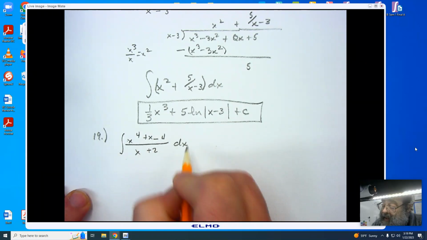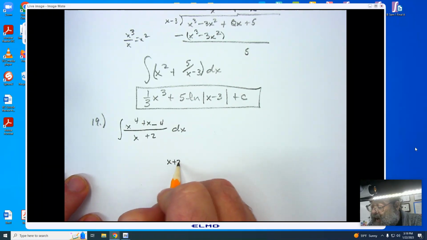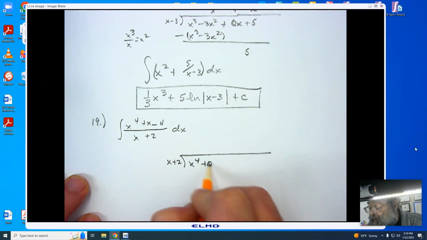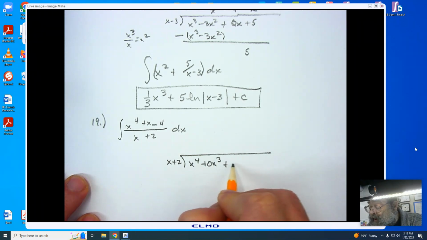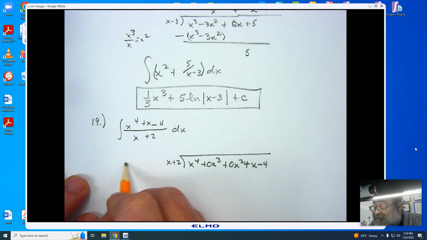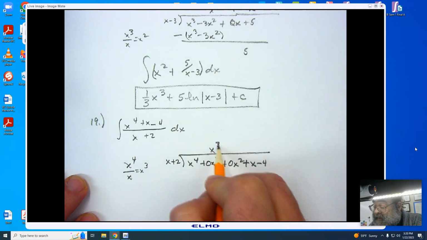I know that it's tedious, but it's to your advantage to get used to it. And if you don't, then you've got a problem when you move on. This is what we do in calculus in college. All right? You do the work. You don't balk at it. You just do it. I know it's kind of silly, but it is the truth.